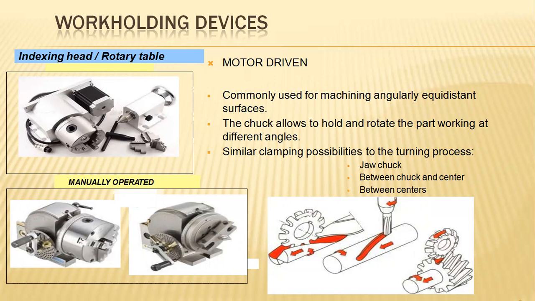It is a manually operated strategy, as we also have the motor driven, which is commonly used for machining angularly equidistant surfaces, which creates a parallel gear cutting system by maintaining the similar profile axis, and hence the chuck allows to hold and rotate this work part, which is working at nominally different angles.